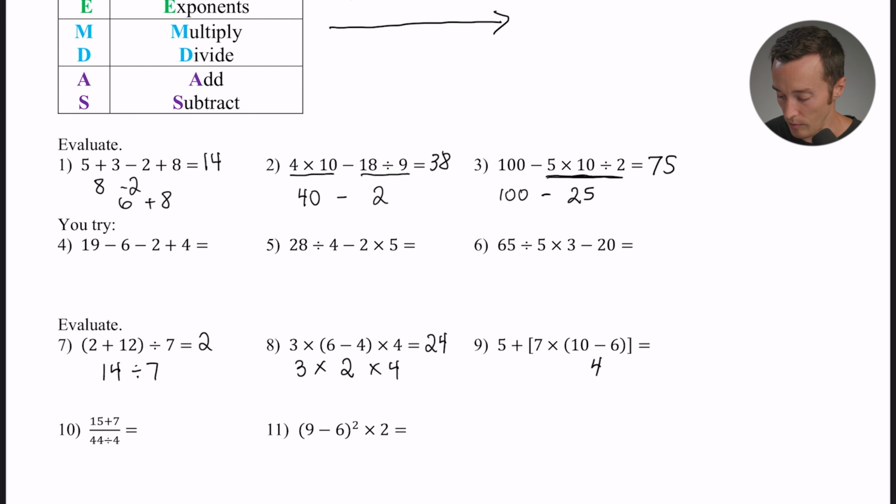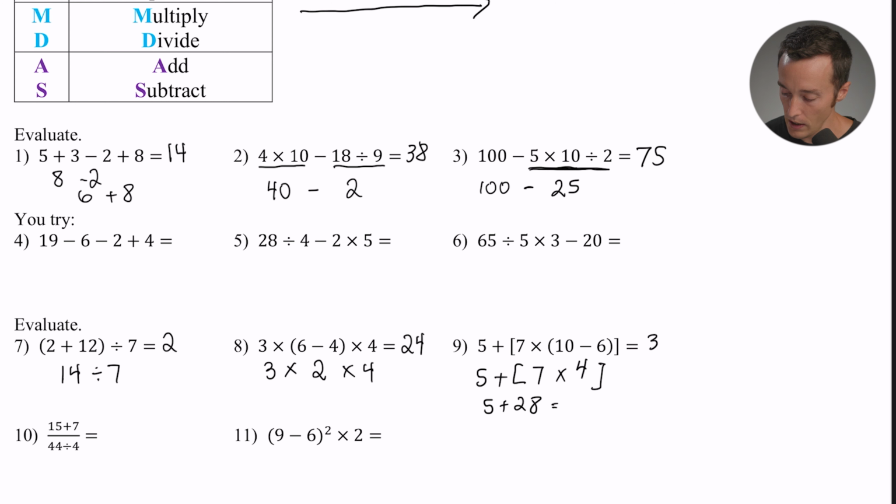So really what this problem is saying is 5 plus whatever 7 times 4 is. And then those brackets, you can really just treat like another set of parentheses. So 7 times 4 is 28. So really what we have is 5 plus 28. Okay. And of course, 5 plus 28 is 33.